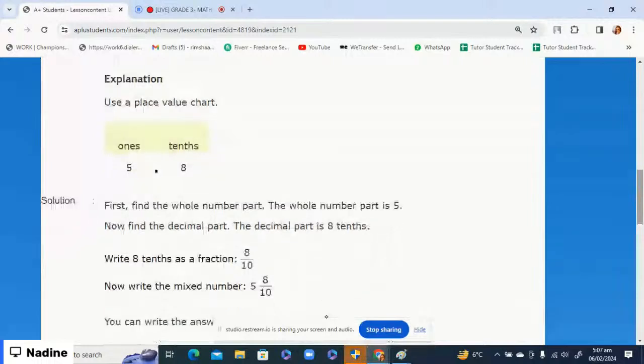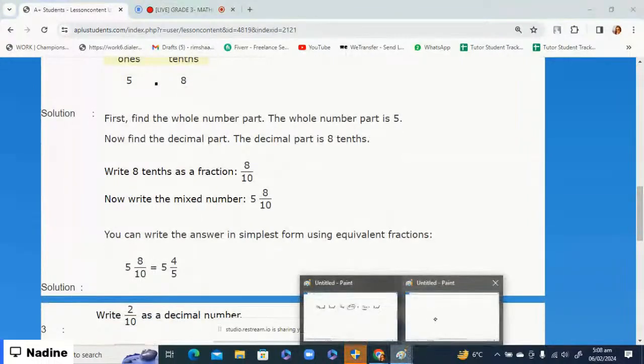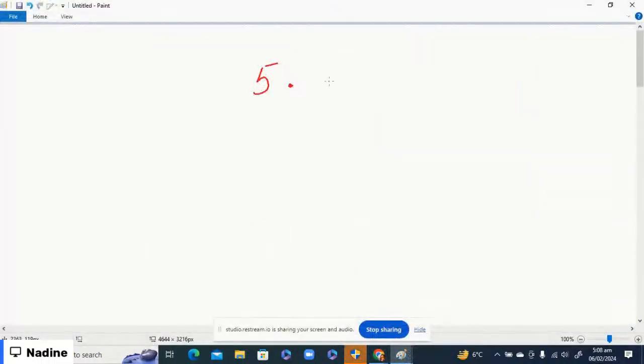And now if you have a number like 5.8, we put 1 in the denominator for every point, and then check how many digits there are. Here is only one digit. So then we put 10 here. So it becomes 5 and 8 by 10.